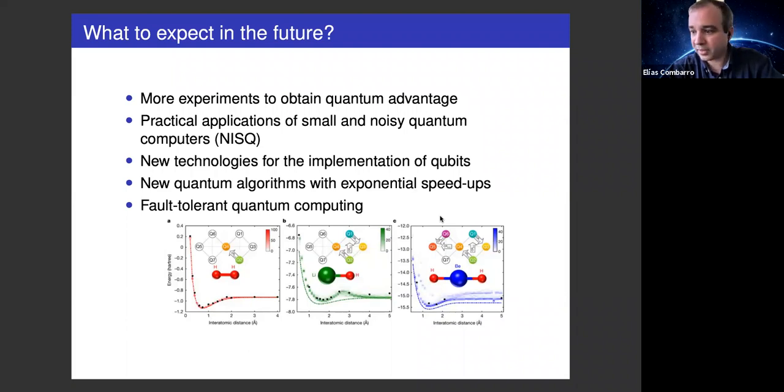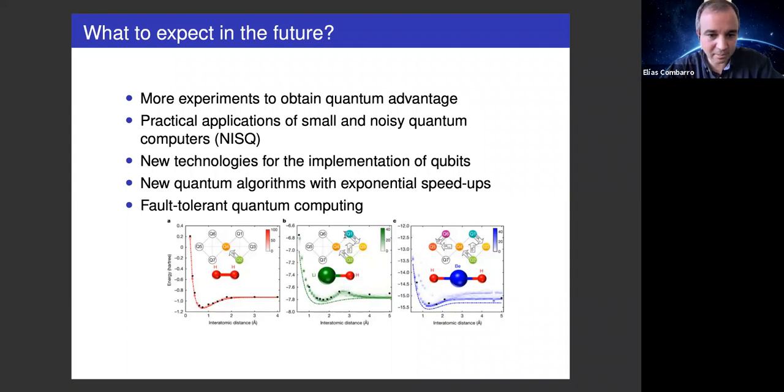And of course, from the theoretical perspective, we would like to have new quantum algorithms which offer speed ups over classical algorithms, if possible, exponential speed ups, with the final goal of having a lot of different possibilities of applying quantum computing when we reach the stage in which we can have fault-tolerant quantum computers.